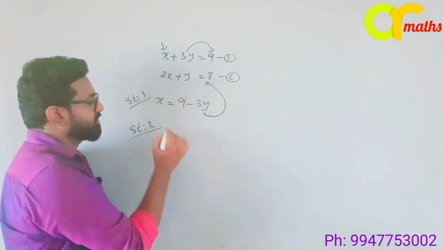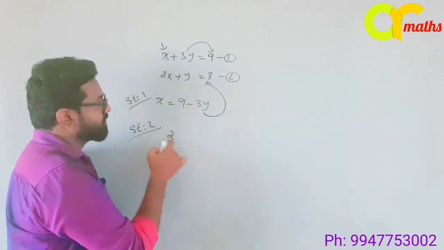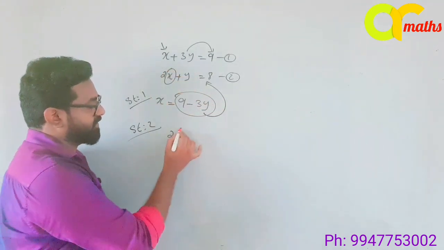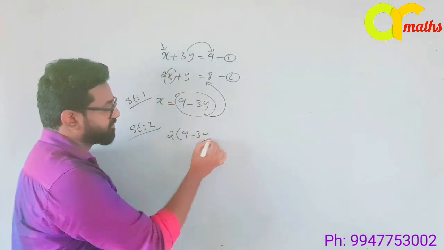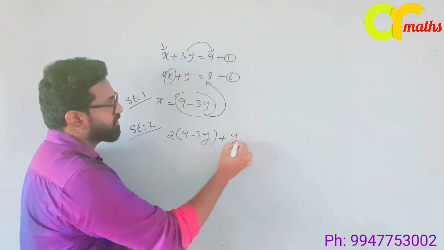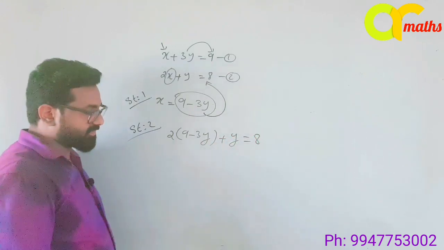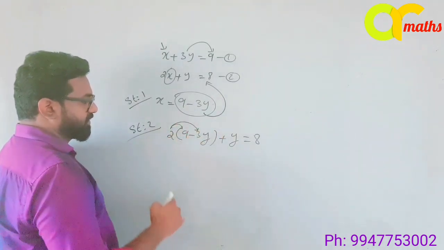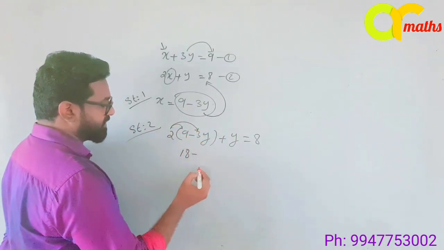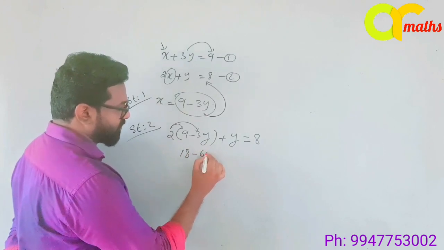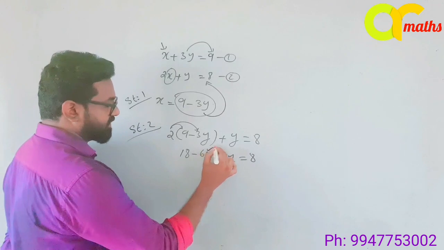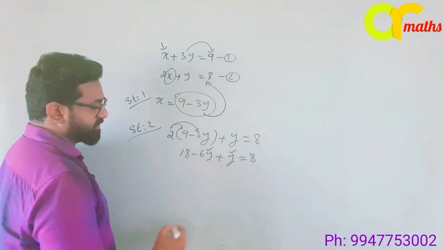Then what is the answer? Substitute here: 2 into, in the place of x, 9 minus 3y, plus y equal to 8. Then simplify. Open the bracket, distribute it. 2 into 9, 18, minus 2 into 3, 6y, plus y equal to 8. What is minus 6y plus y? That is minus 5y.